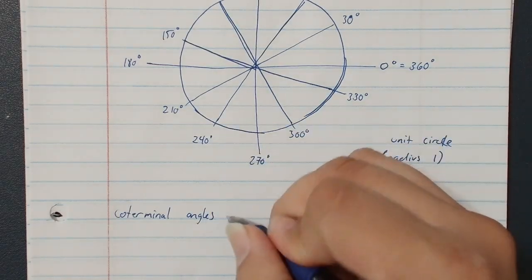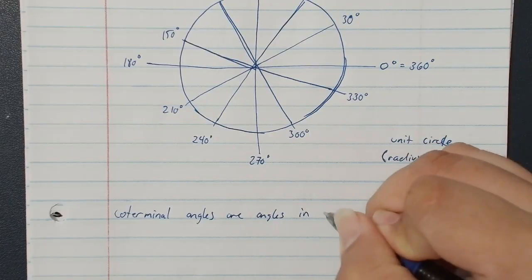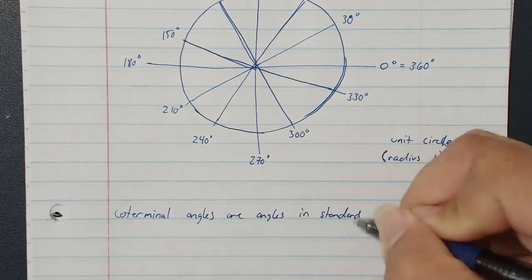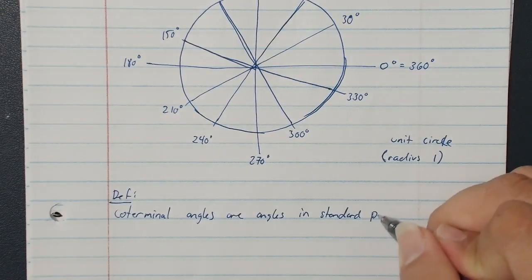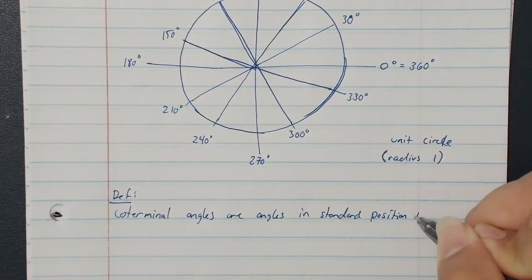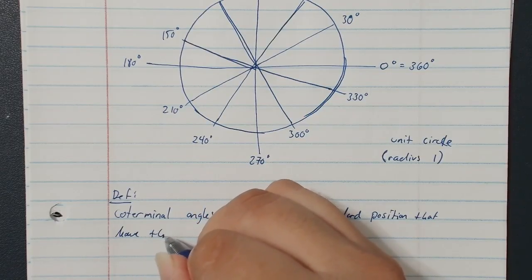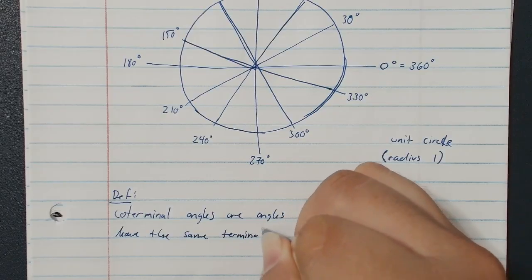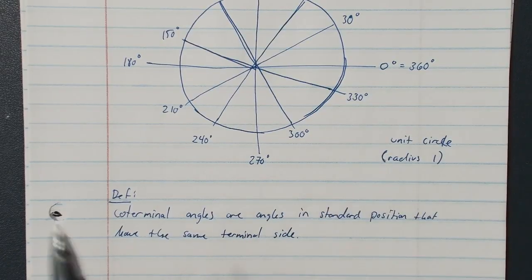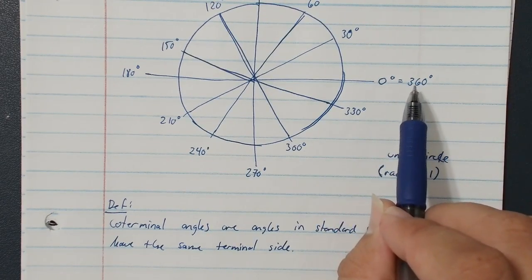This is the definition. Coterminal angles are angles in standard position that have the same terminal side. So basically, they're kind of different because the number is different, but they're also kind of the same because when you draw them, they look the same.